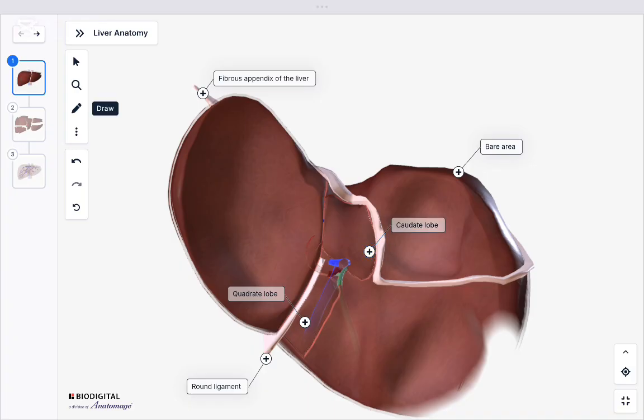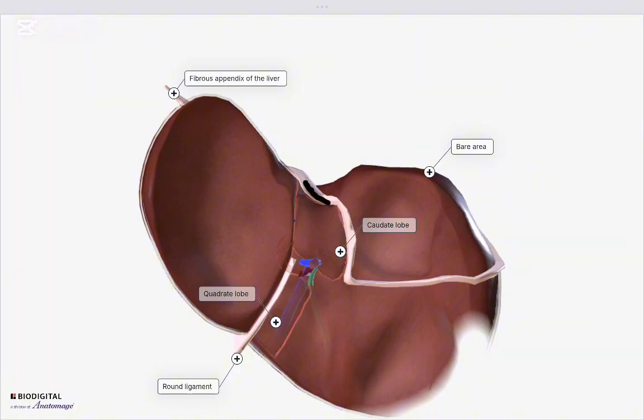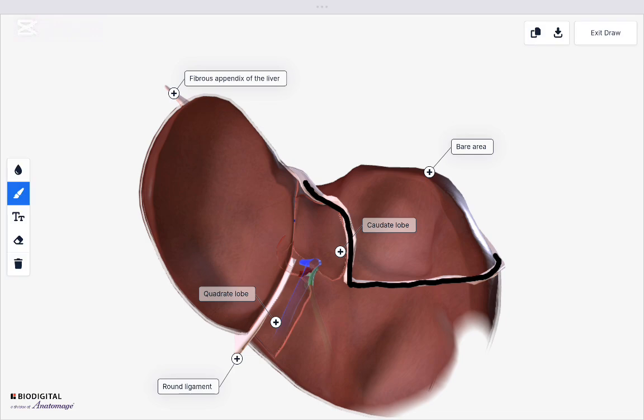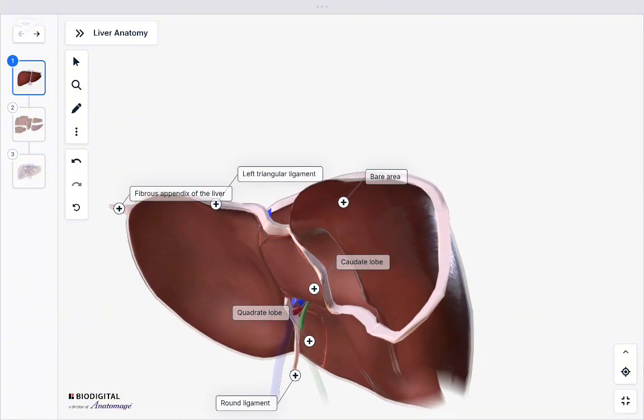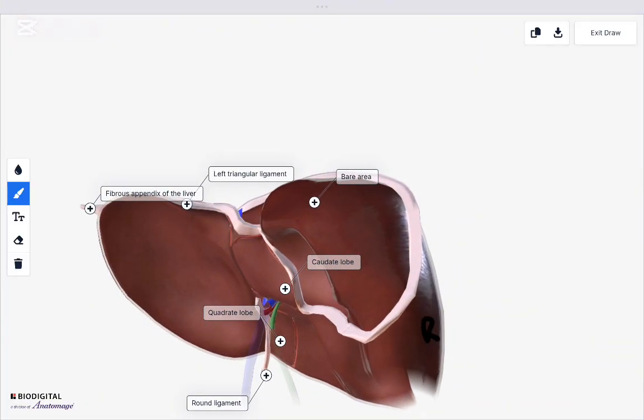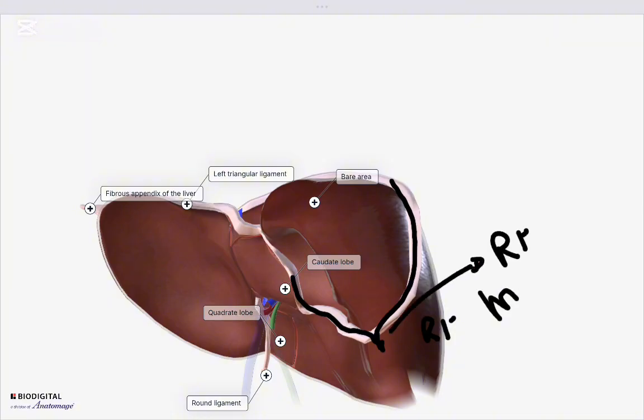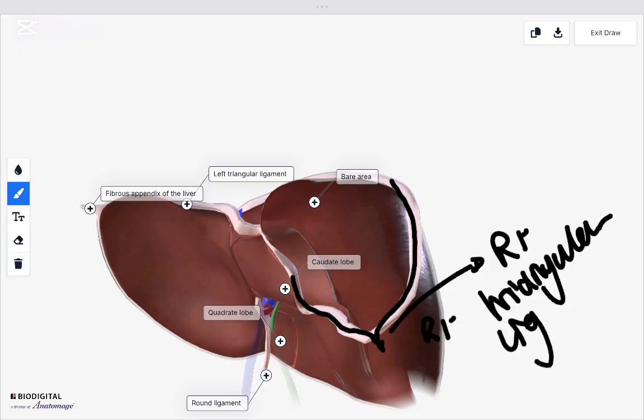This runs just to the right of it, and then it deflects on the right side of the liver, the right lobe. Here at this point, this is the right lobe of the liver. That's the anterior layer, and that's the posterior layer. Here they meet together and form another ligament. This is called the right triangular ligament.